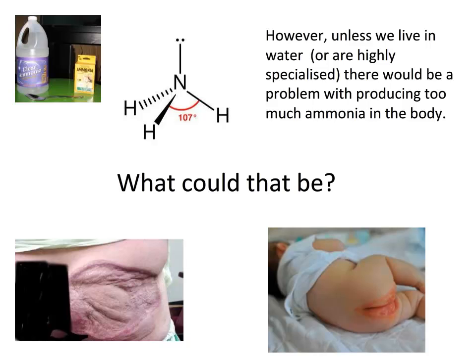So if we live in water, ammonia is not such a problem because it's highly soluble, so it'll just be diluted out by the water that surrounds us. But if we're a terrestrial organism, water's limited, okay, so there's going to be a problem with having too much ammonia in the body. So how are we going to deal with this ammonia that we produce from the breakdown of proteins?